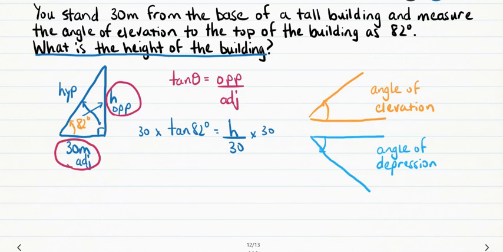And so here, 30 divided by 30 divides to 1, so I'm left with 1h is equal to 30 times tangent of 82 degrees. When you do this calculation on your calculator, be sure that your calculator is set in degree mode.